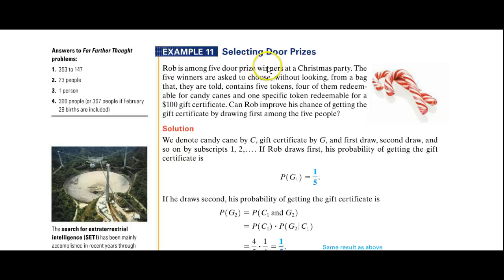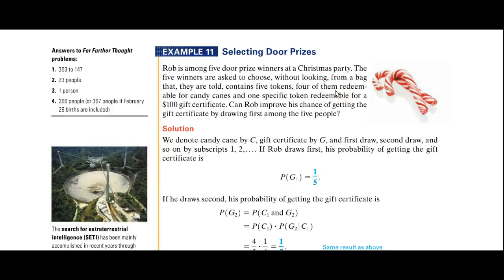Okay, in selecting a door prize, Rob is among 5 door prize winners at a party. The 5 winners are asked to choose without looking from a bag, so they're going to reach into a bag to pull out a token.